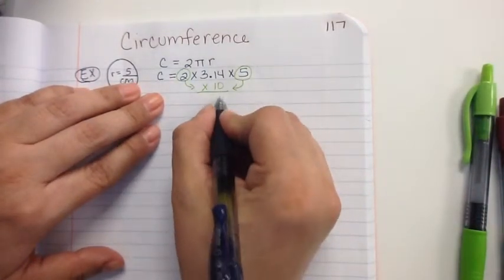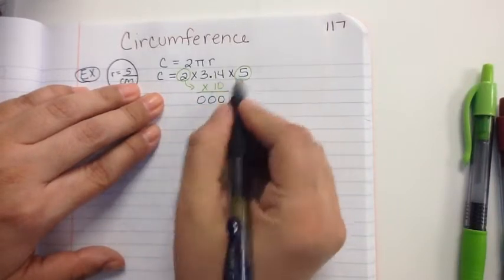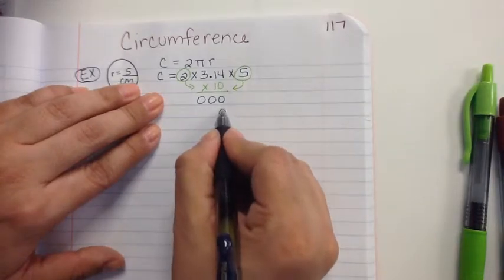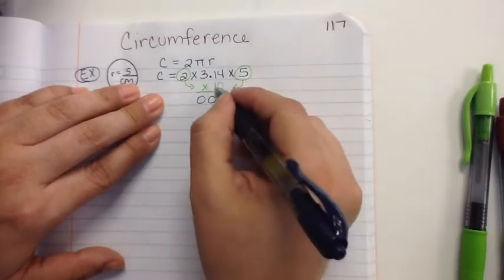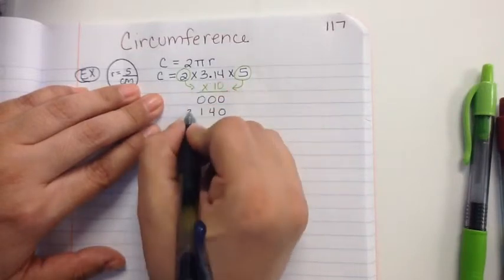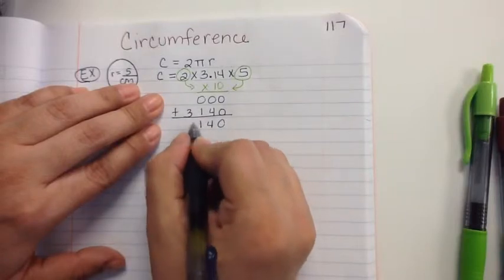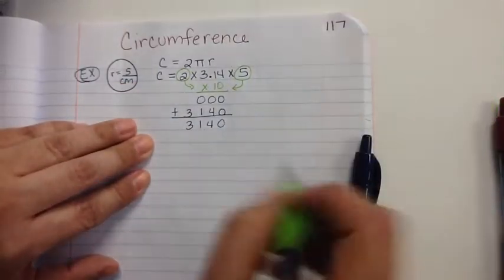0 times 4, 0 times 1, 0 times 3, and I'm done with the 0, so I put a 0 here. 1 times 4, 1 times 1, 1 times 3, and add. So that's 0, 4, 1, 3. You go back into the factors.